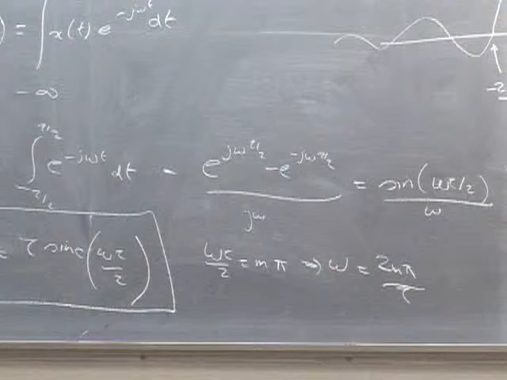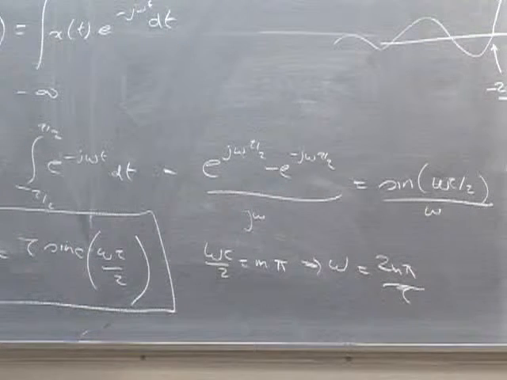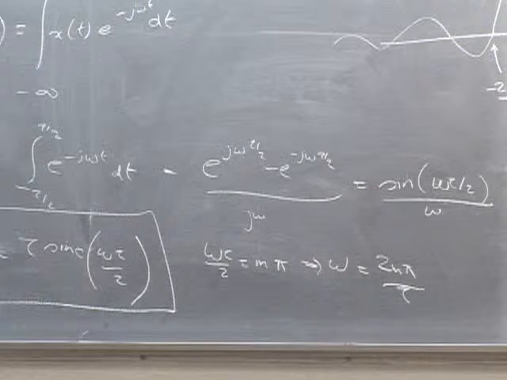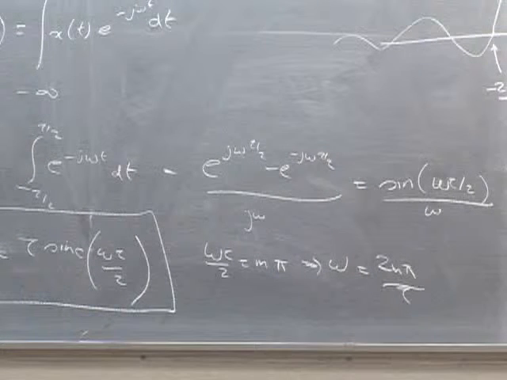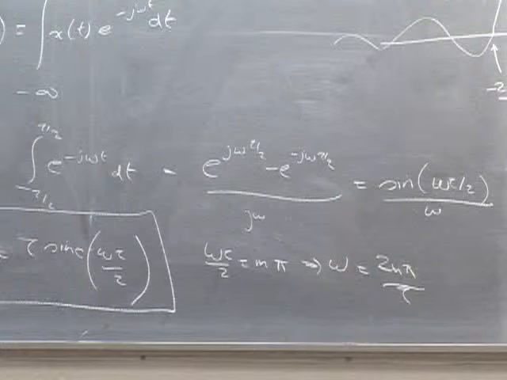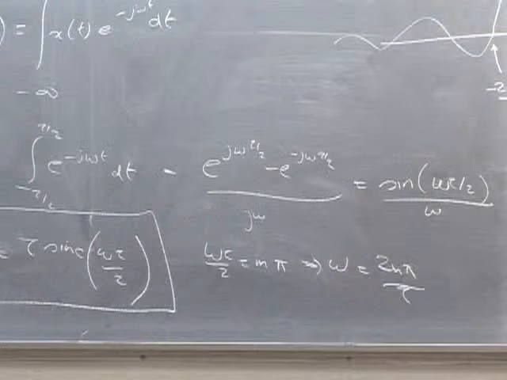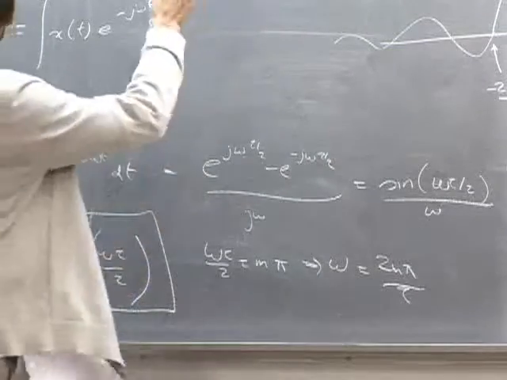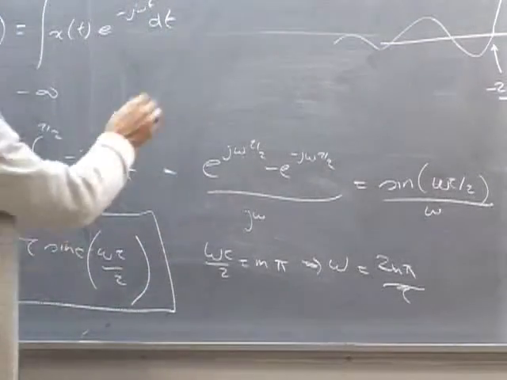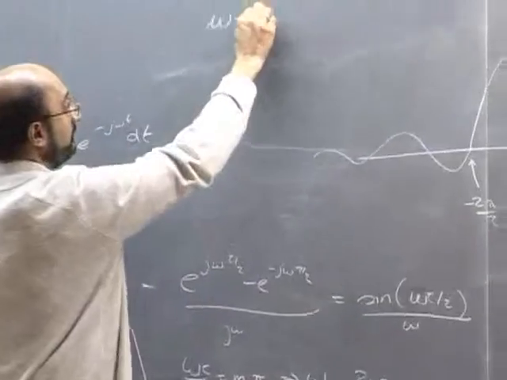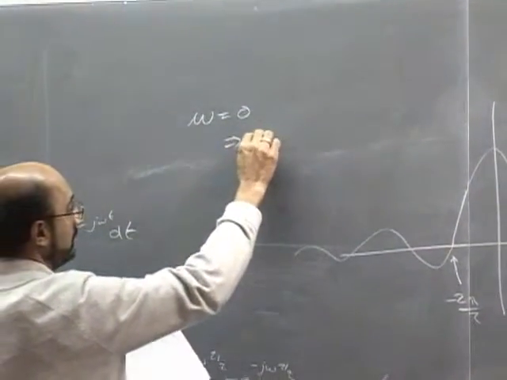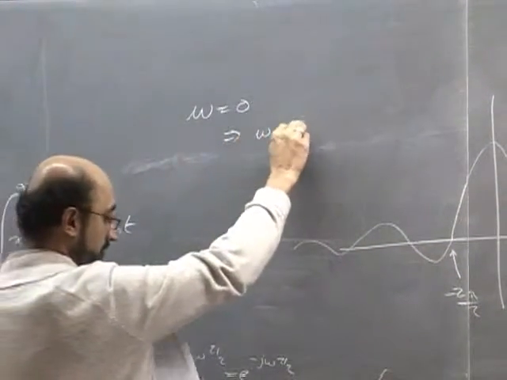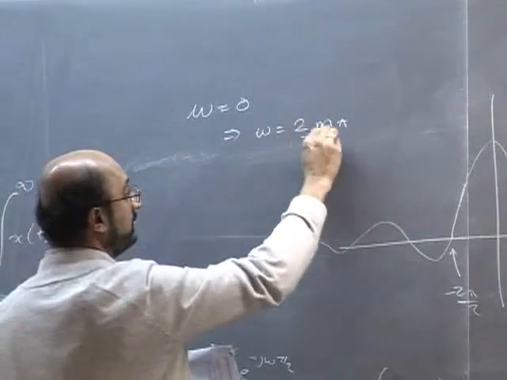And so the first homework question was, at what values of omega does a pulse with width 2 microseconds have no energy? That was the question. Let's see that. We want X(j omega) equals 0, which implies omega equals 2m pi by tau.